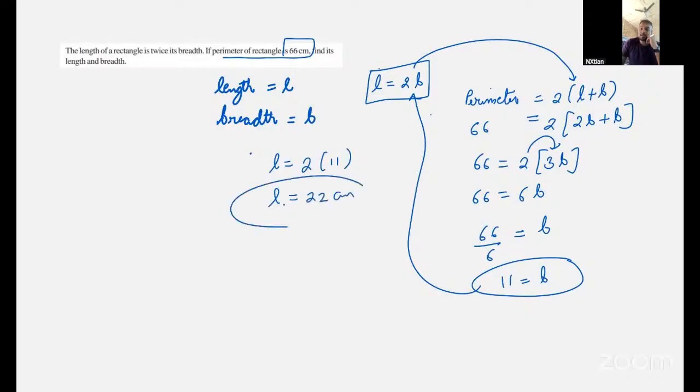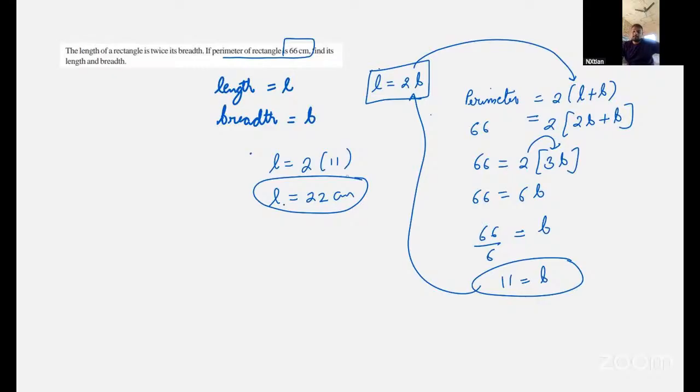I did this sum correctly, but the problem was that you wrote 2b, but I wrote 2 times breadth. Okay, that is also correct. Twice, that is also correct. No problem. But how do you make 2 into L plus B?